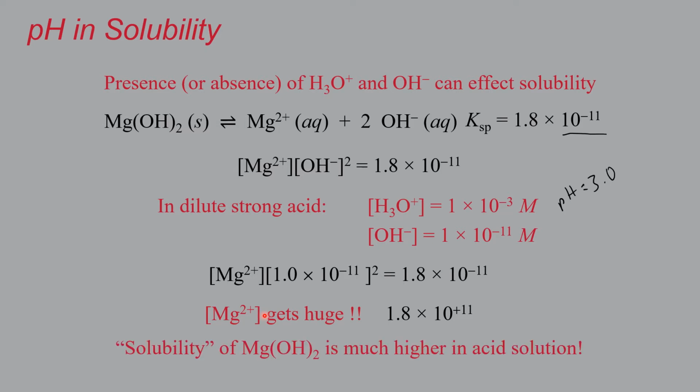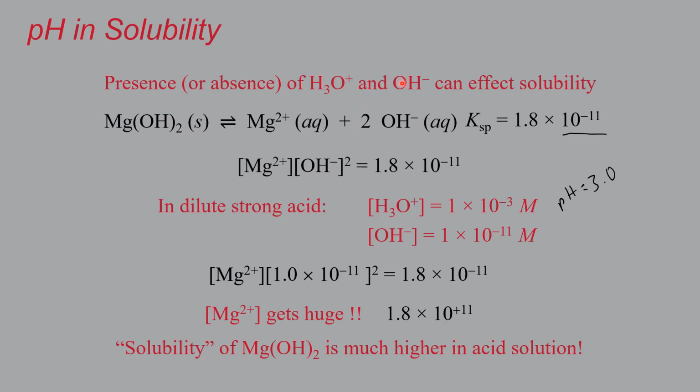So the way that most people describe this is they say that the solubility of magnesium hydroxide is much higher than it is in acid solution. I'm not a fan of saying it that way, because in this case, it's not that this thing is dissolving. What happens is that in this acid solution, as soon as the hydroxide is dissociated, it's reacted away. Think about this in terms of Le Chatelier's principle, right?